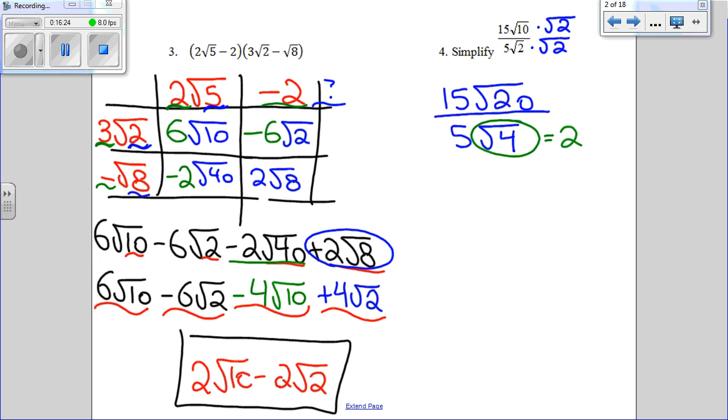It'll always work that way. So it ends up that the square root basically just cancels itself out. That means on the bottom I actually have 5 times 2, which is 10. That's how you would rationalize, and then you would have to simplify if you could.